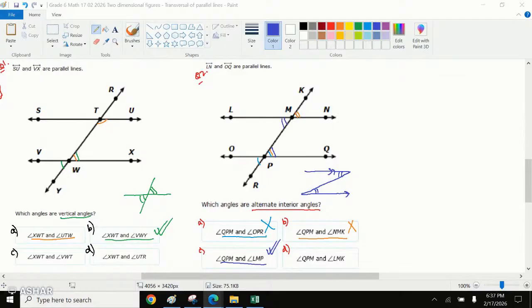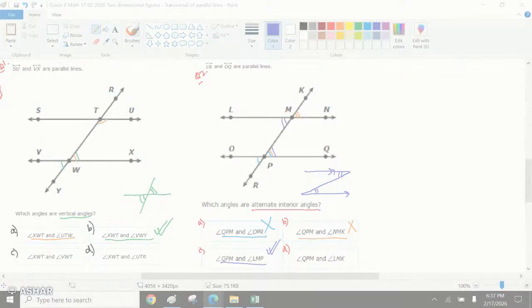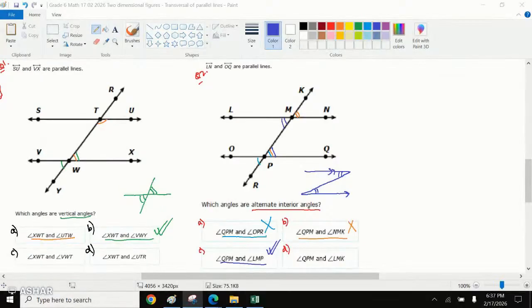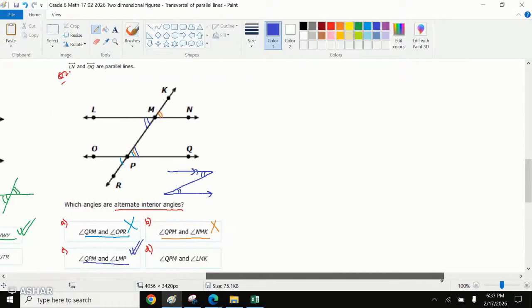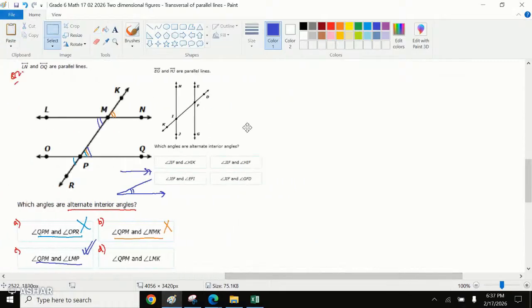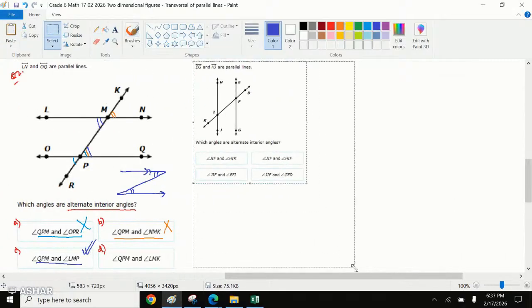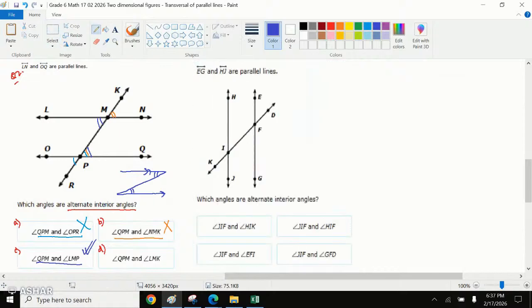If we are given a pair of parallel lines and we have to find the alternate interior angles, it's very similar to question number 2. Question number 3 is very similar to question number 2. Then what should be the answer?